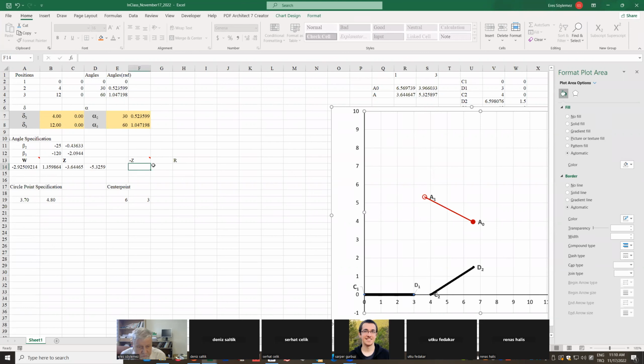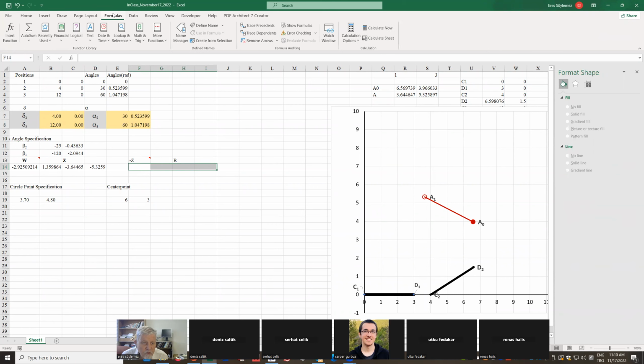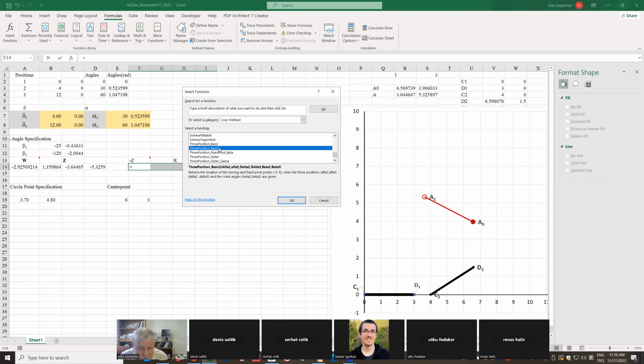Now, let me use another vector to obtain minus Z and R. Formulas, user-defined, 3-position basic 2.